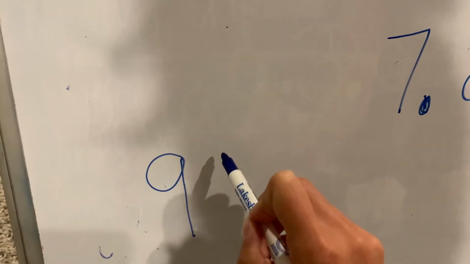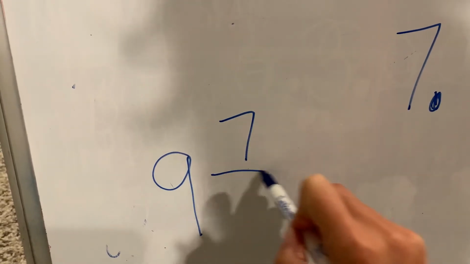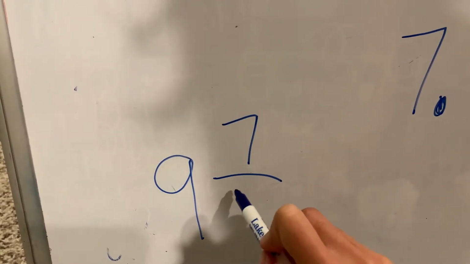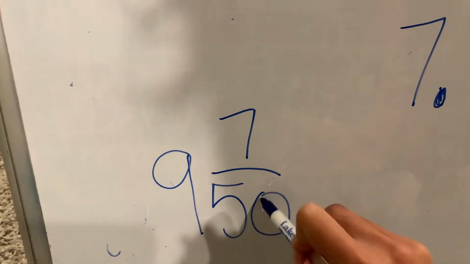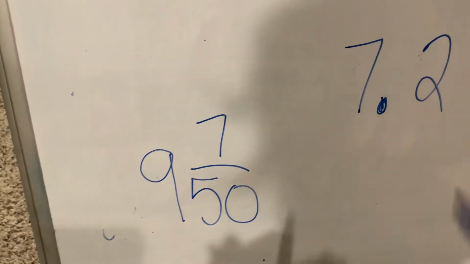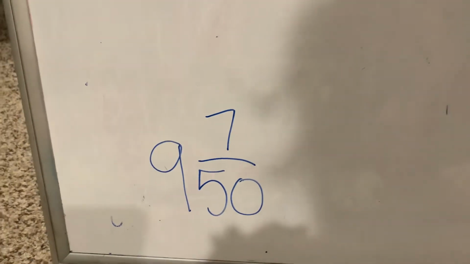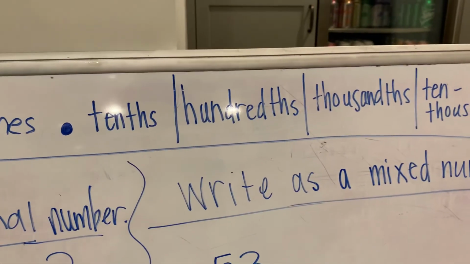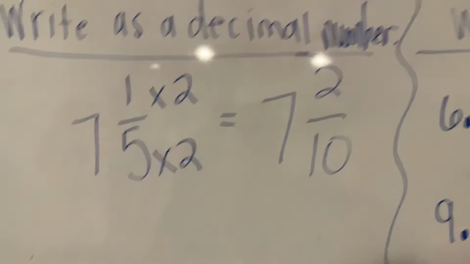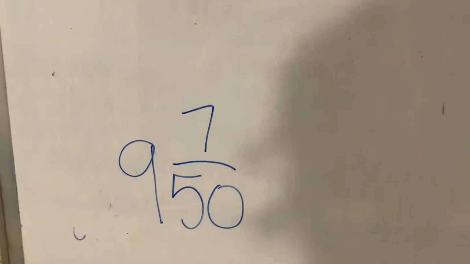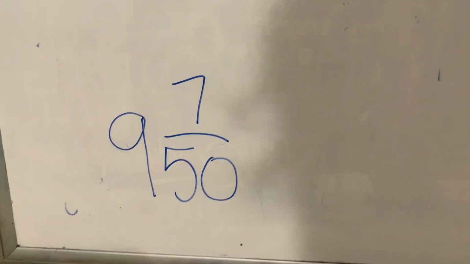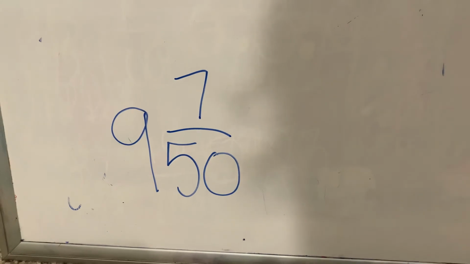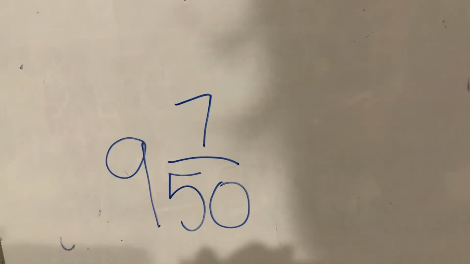Let's do another one here where we have maybe 9 and 7/50. Okay? If you get one like this, now you need to think about, well, look at my place value chart. I have tenths, hundredths, thousandths. Well, I'm not going to make that tenths, but I could make it hundredths. So what could I multiply 50 by to get 100 is what you would want to think.